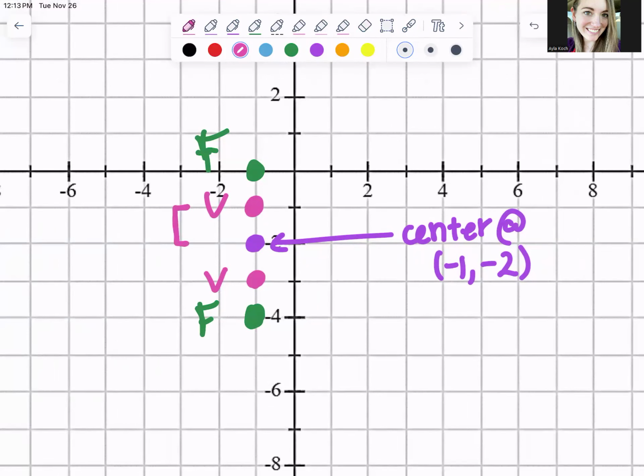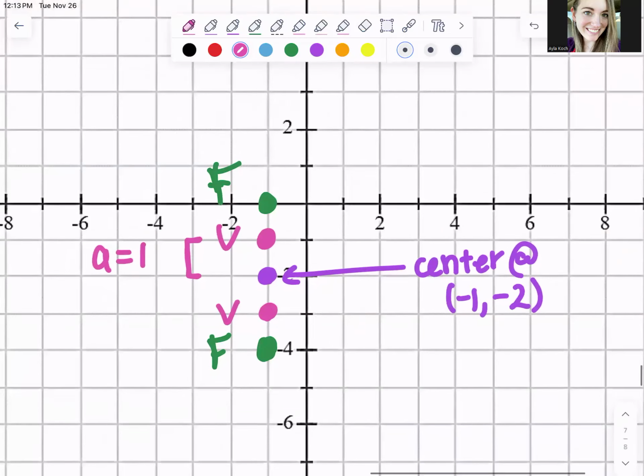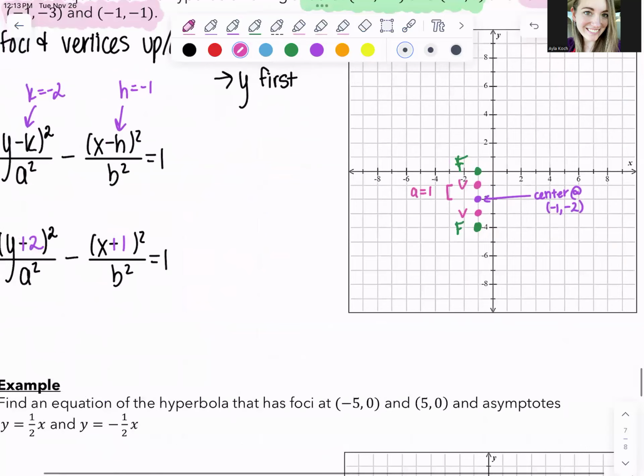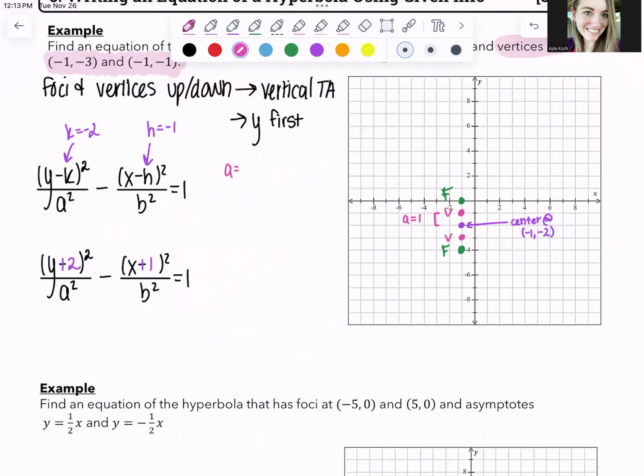And we have that, right? From the center to the vertex, that's 1 unit away. So if a is equal to 1, that means a squared is 1. Just delete that, put a 1 down there.